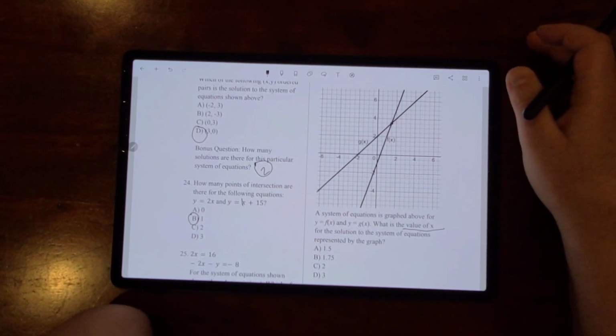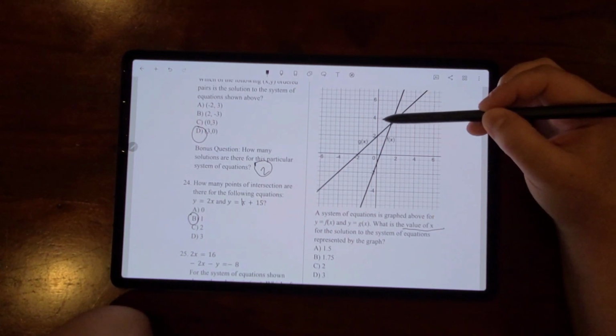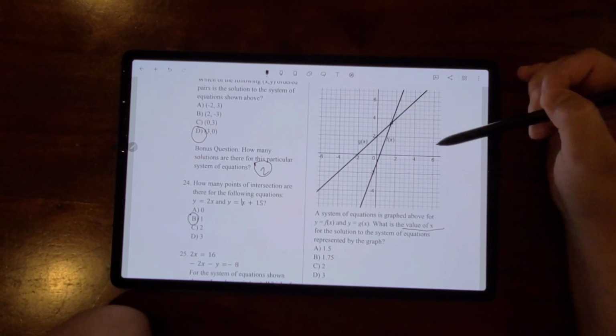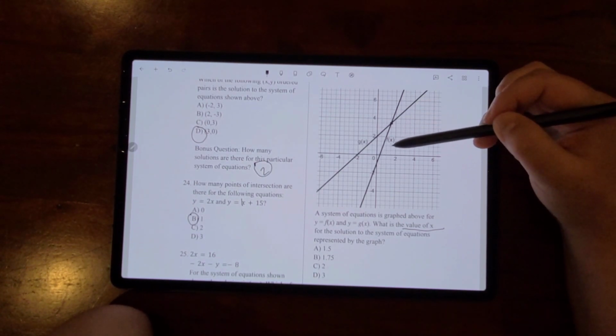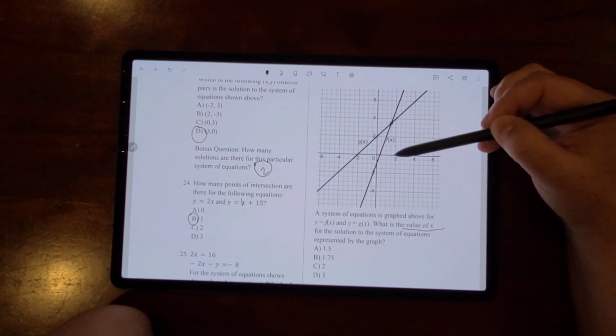If you're doing this for digital SAT, this also applies to ACT. Be careful with the scale that they're using for the x and the y axis. Here, some people might think each of these cubes represents 1, but look, it takes 4 cubes to get to 2.